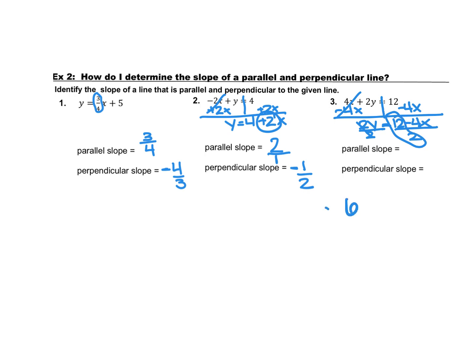So we're going to have y is equal to 6 minus 2x. All right, so our slope here is negative 2. All right, the opposite of negative is positive. And then the reciprocal of 2 all over 1 is 1 all over 2.